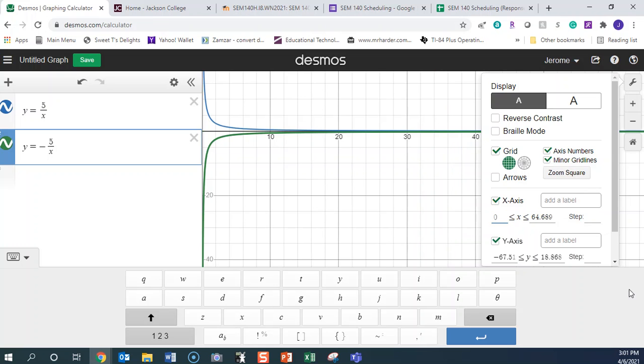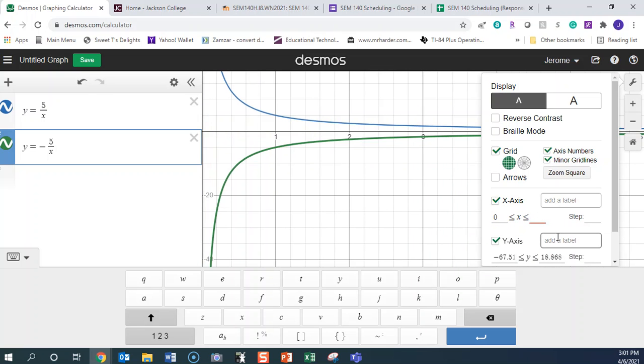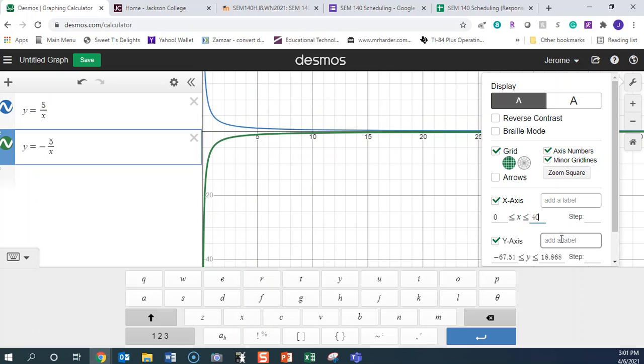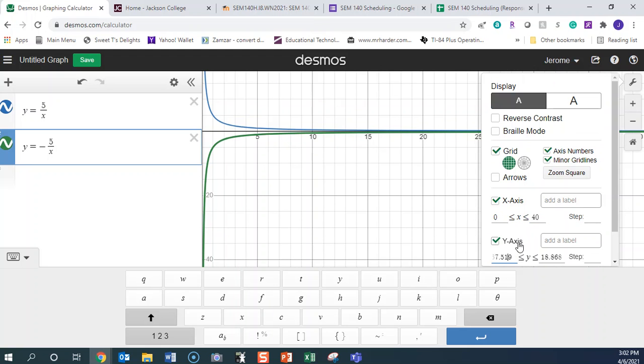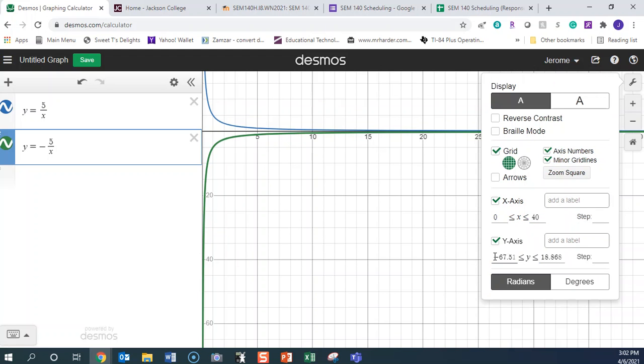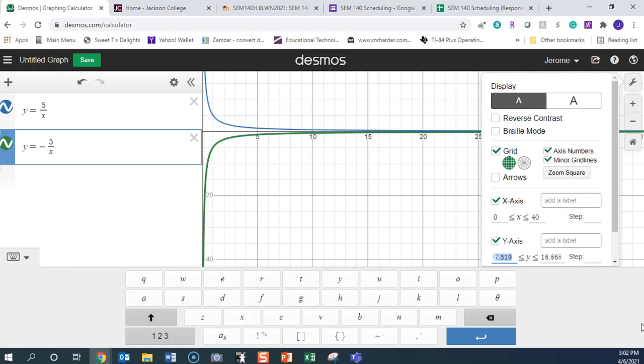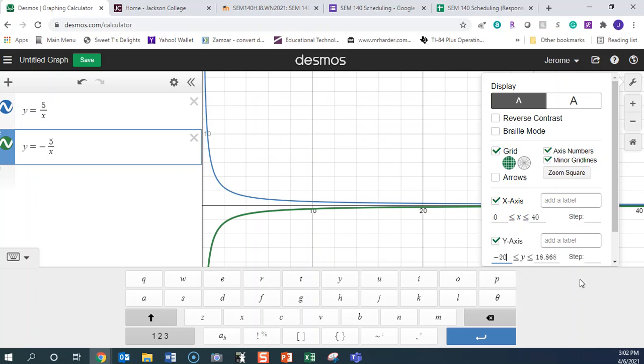Let me start off at 0. Let me go to the y-axis. Let me do just negative 20 to about 20.